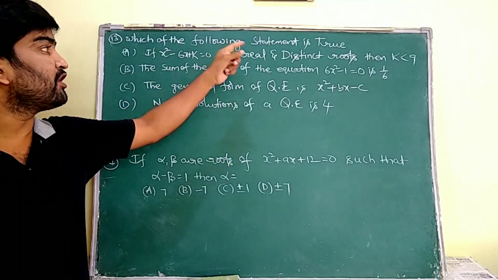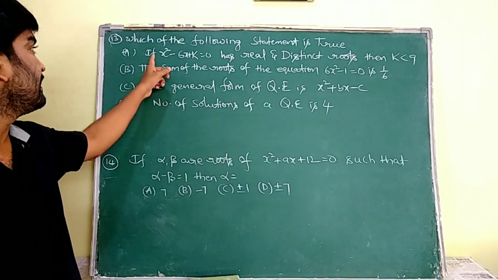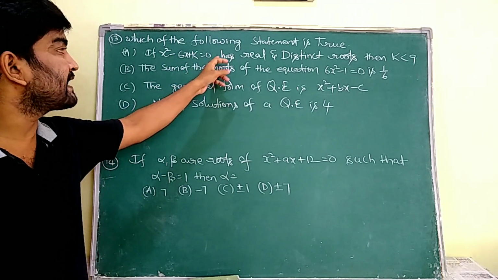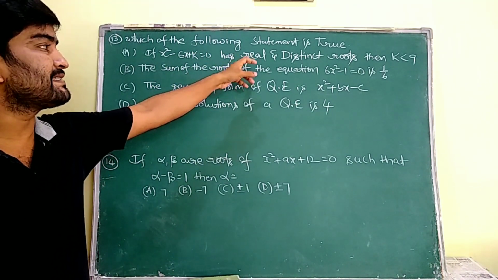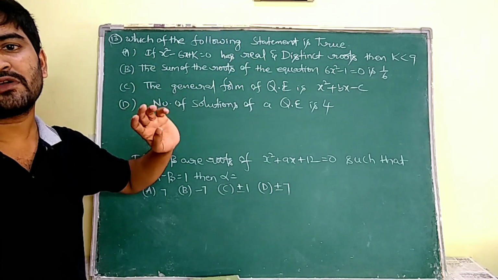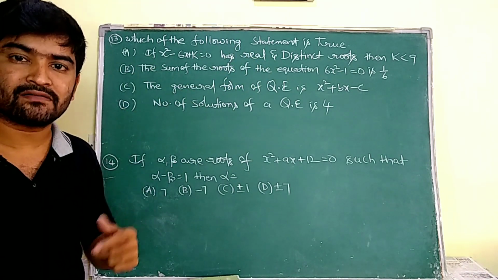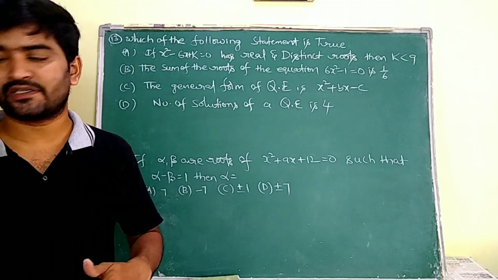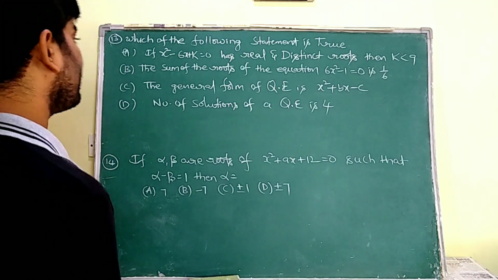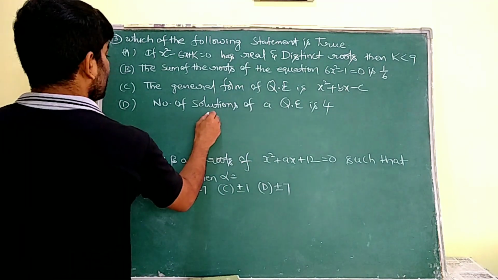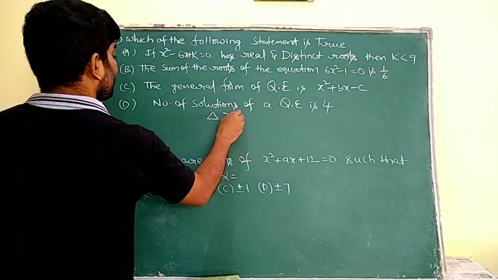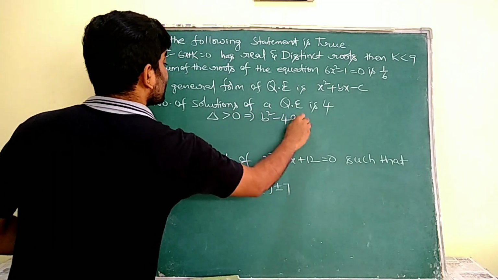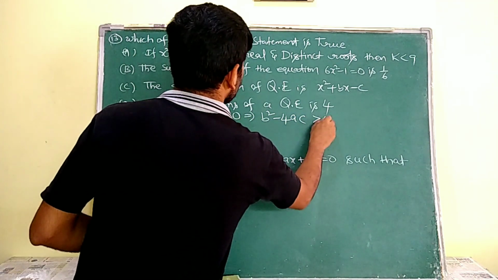Okay. Which of the following statements is true, it is asking. The first statement is, if x square minus 6x plus k is equal to 0 has real and distinct roots. We know that a quadratic equation is going to have real and distinct roots if its discriminant value is greater than 0. So the discriminant is delta, and delta is greater than 0. What is delta? b square minus 4ac. Now that must be greater than 0.